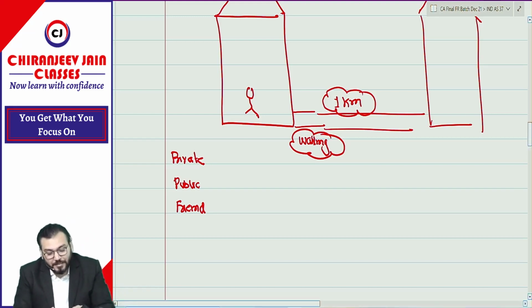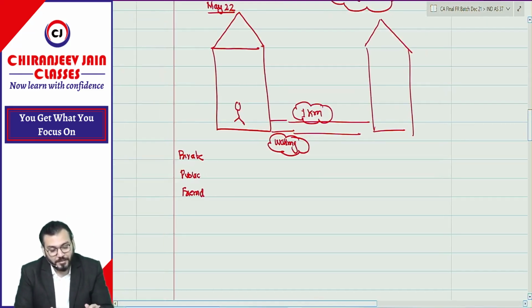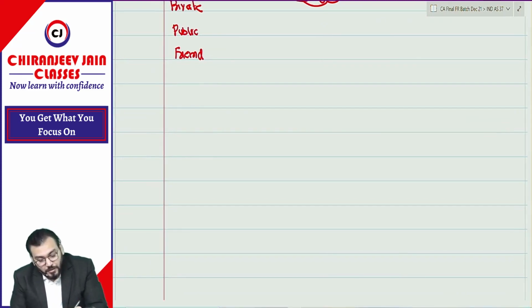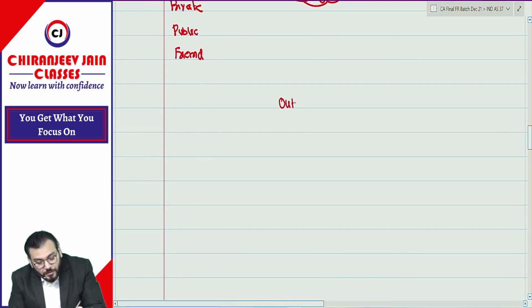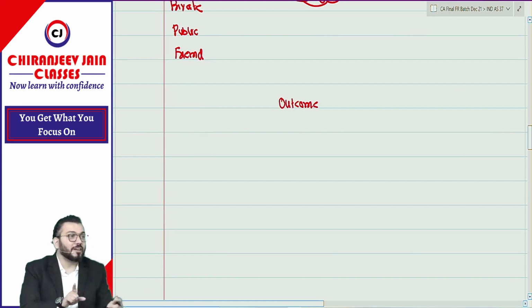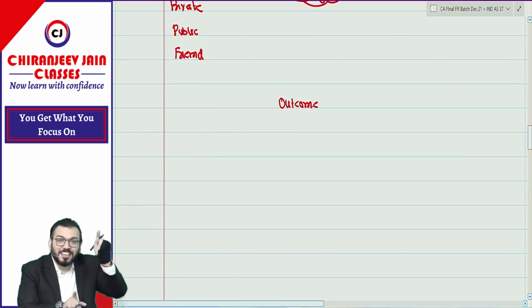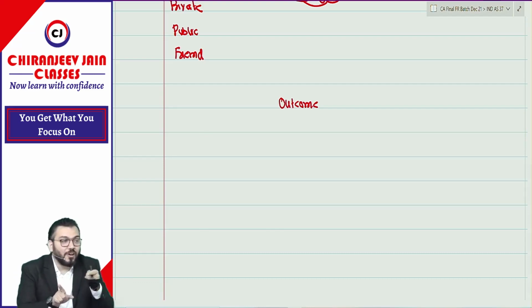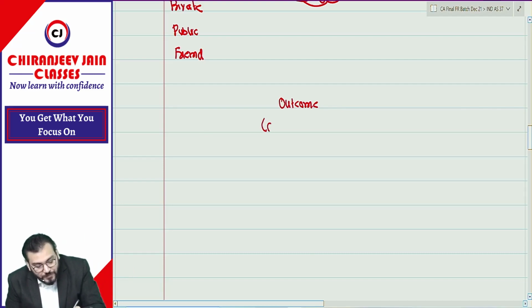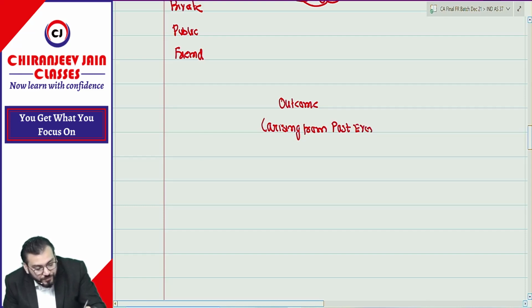Means if I come to outcome right now, just try to understand. Outcome, which outcome? Outcome from the condition existing on the balance sheet date. Means can I say this outcome is arising from what? From past events.